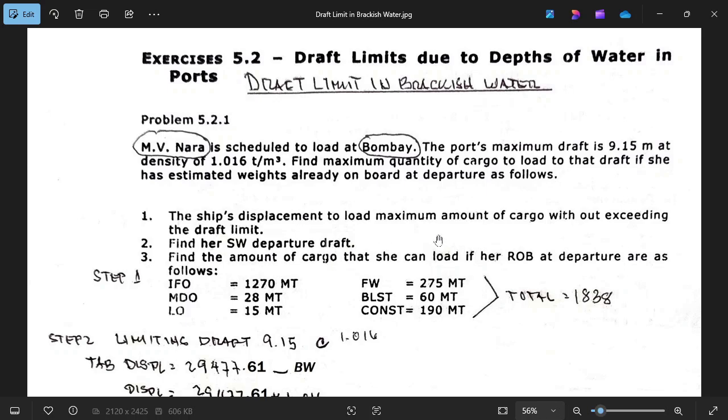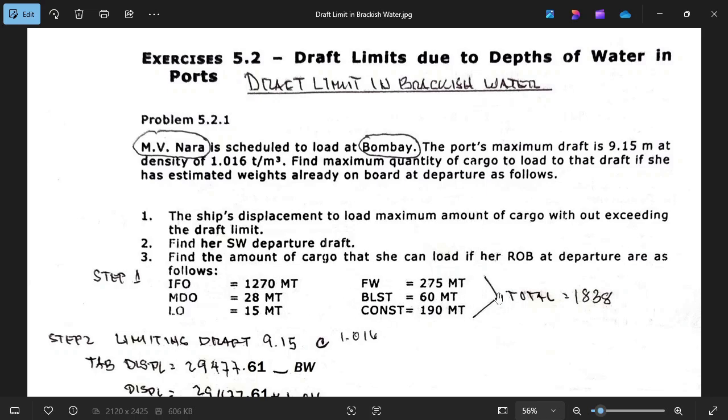Now this is your departure draft in brackish water. So what will be our departure draft in salt water? Find the amount of cargo that you can load if your ROB at departure is as follows. So this is your remaining on board weights, or ROB.